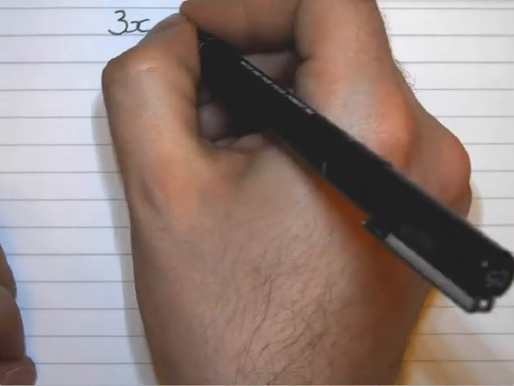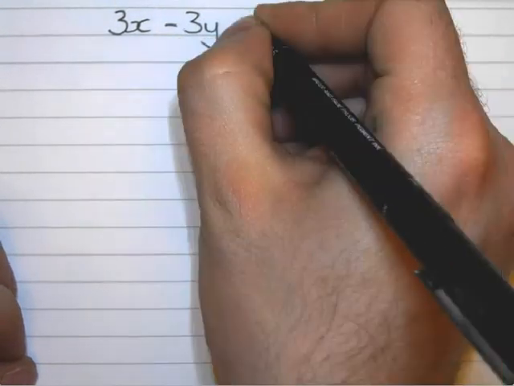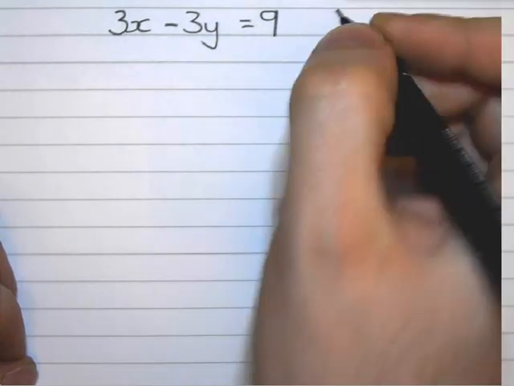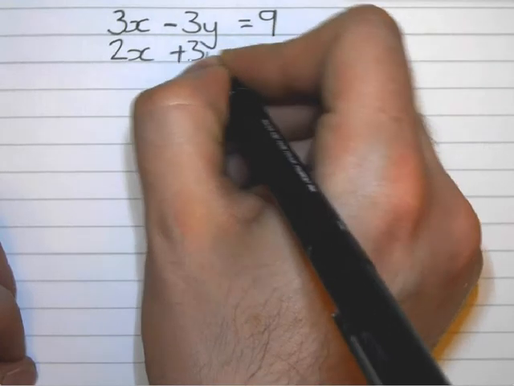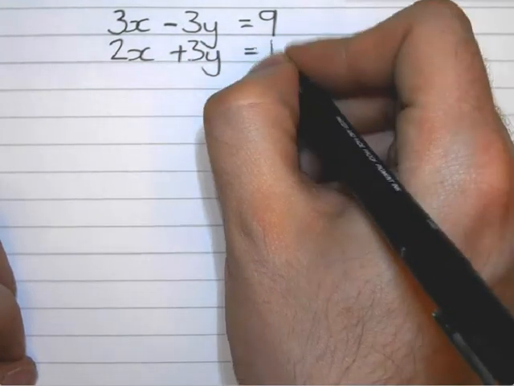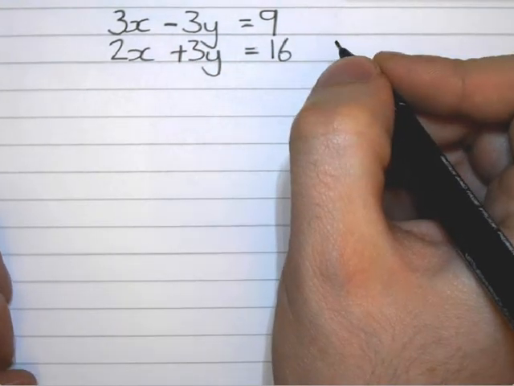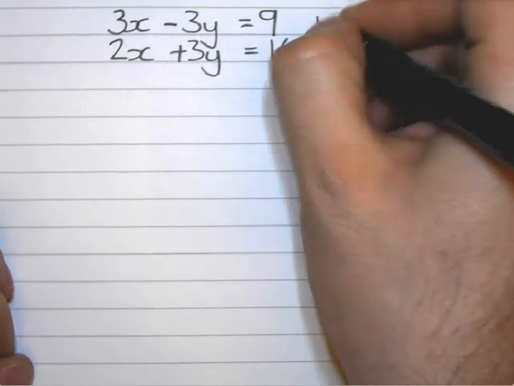Now we're going to look at a second example of a slightly different situation. So if we have 3x minus 3y equals 9 and 2x plus 3y equals 16. We're going to number them 1 and 2 again.